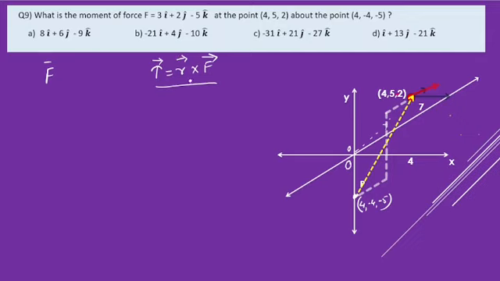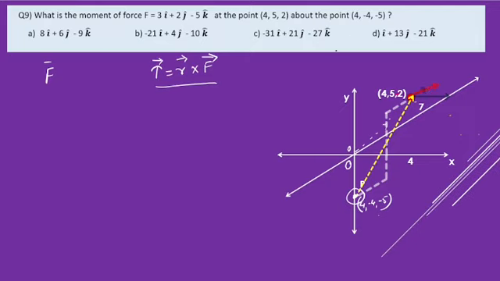Now, how to find the position vector? To find it, we need to know two points: at which point is the force applied and around which point will it rotate. In this case, it will rotate around the point given to us, 4, minus 4, minus 5. There's a typo in this problem.